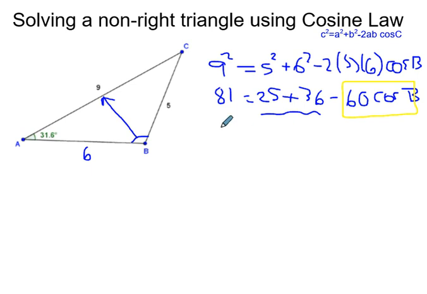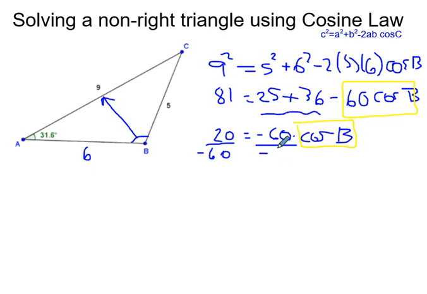So you get 20 is equal to negative 60 cosine of B. Then you're looking for cosine of B, so you need to get rid of your negative 60. There's a multiplication in between, so you divide by negative 60. So here, minus 20 over 60, you can simplify that: minus 1/3. That's cosine of B.